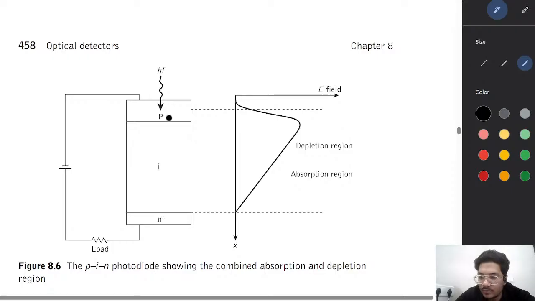It is the most widely used photodiode type in optical communication systems.